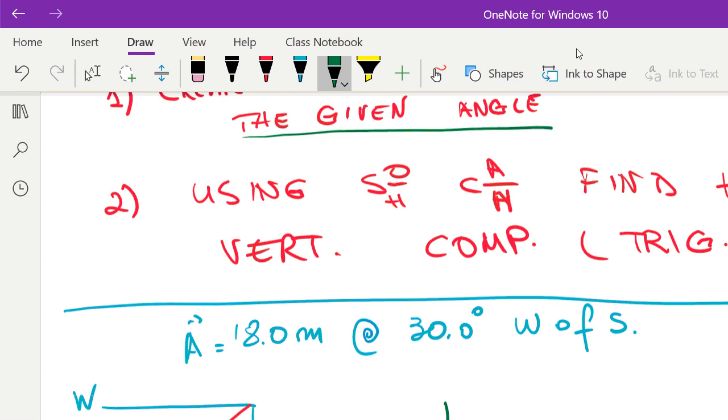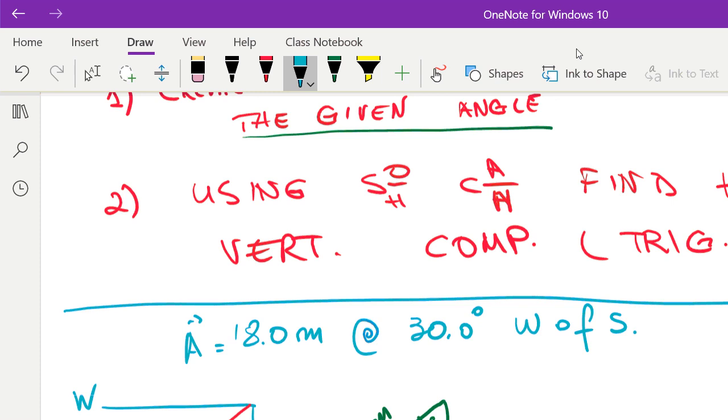Now what you actually have is a right angle triangle, in which what you know is the hypotenuse being 18 meters and one angle is 30 degrees. And what we are looking for is the horizontal and the vertical component.